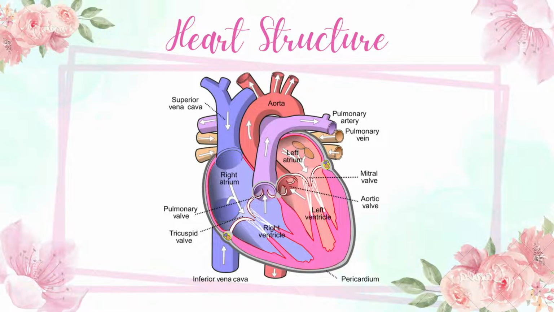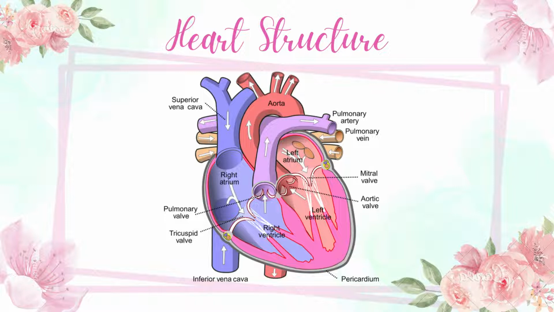So here's the diagram. As you can see, there's a right atrium and right ventricle, and there's a left atrium and left ventricle. So what happens is that deoxygenated blood enters into the right atrium through superior vena cava and inferior vena cava. When deoxygenated blood enters, the right atrium contracts.